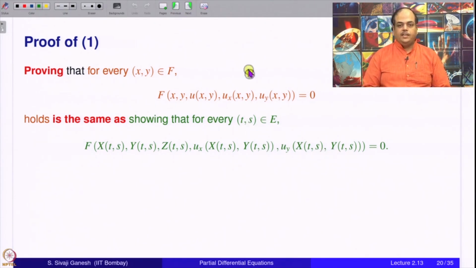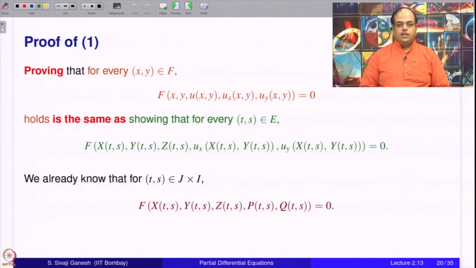Because (x,y) and (t,s) are in one-to-one correspondence via a diffeomorphism. Therefore, showing this is the same as showing this. And we already know that for (t,s) in J cross I, f of x(t,s), y(t,s), z(t,s), p(t,s), q(t,s) is 0. Okay. This we have seen in step 2 while defining the initial strip. So, this is known, we want to show this.